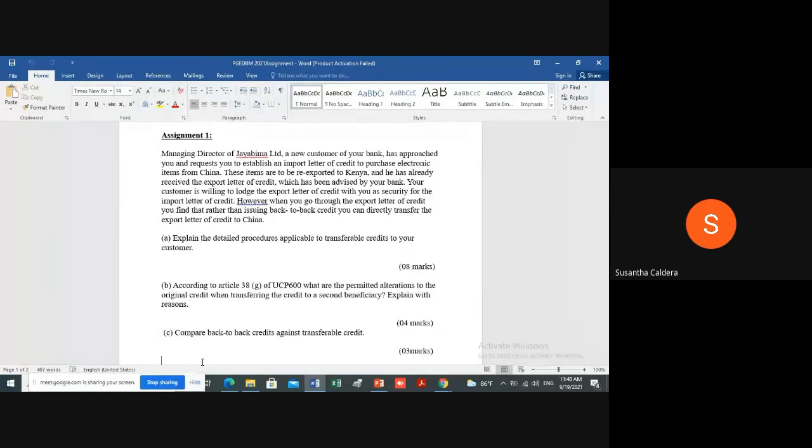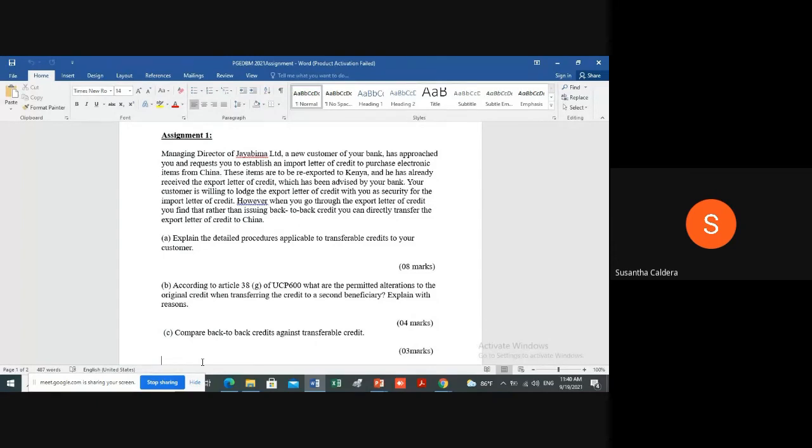Managing Director of Pgedbm Limited, a new customer of your bank, has approached you and requested you to establish, this is a case study, an import letter of credit to purchase electronic items from China. These items are to be re-exported to Kenya, and he has already received the export letter of credit, which has been advised by your bank.